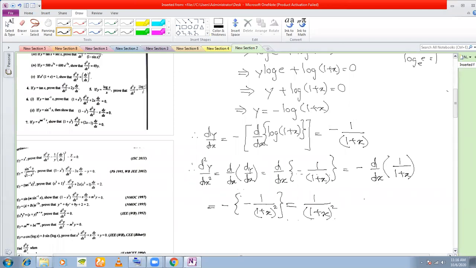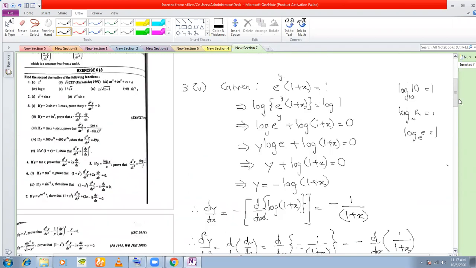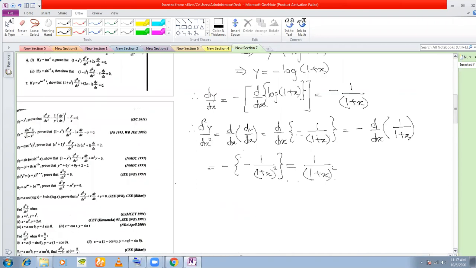So I've got dy dx, and what do you have to prove here? You have to prove here that d2y dx2 is equal to dy dx whole square. So LHS is d2y dx2. And what have we found d2y dx2 to be? 1 by 1 plus x whole square, right? Which can also be written as minus 1 by 1 plus x whole square, because we see that what is dy dx here?